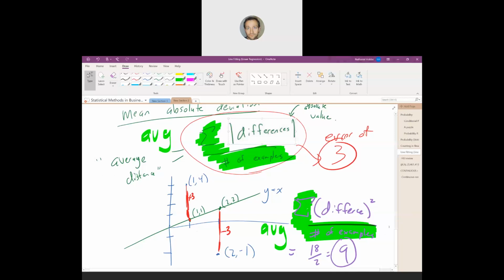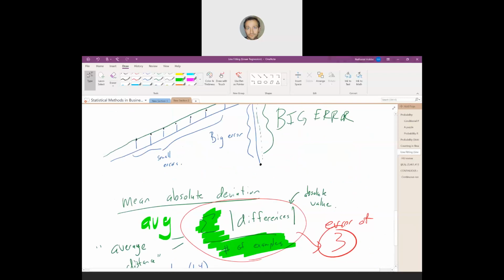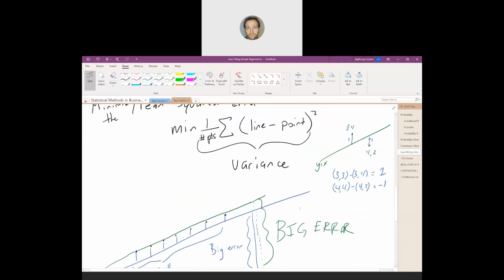But if you square the differences, then it punishes the line even more for being far away from points. The further away it is, it's not just the error, it's the error squared. So those are two intuitive reasons why this works for lines.